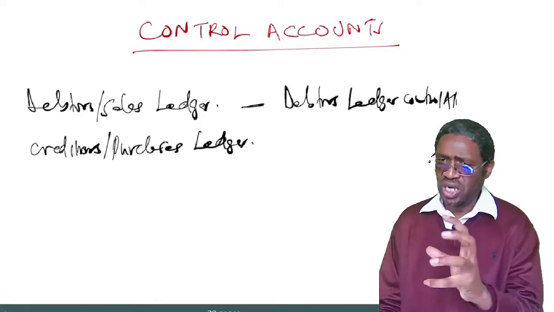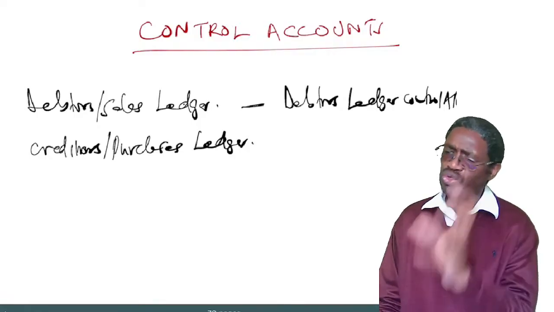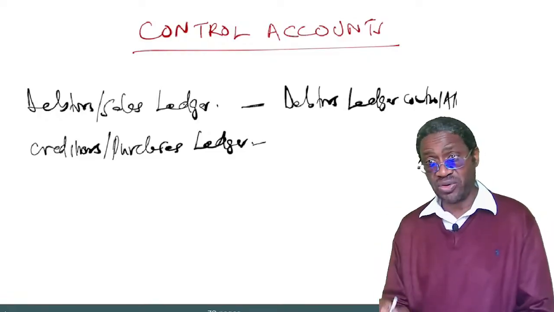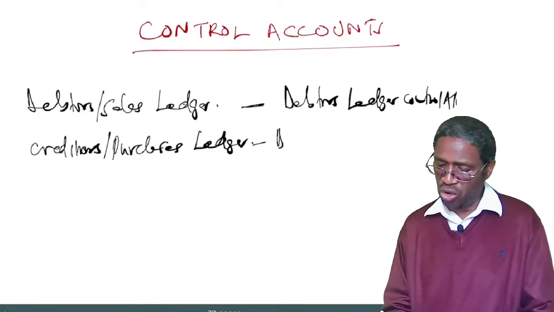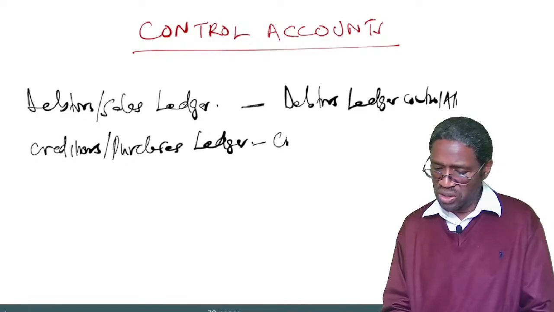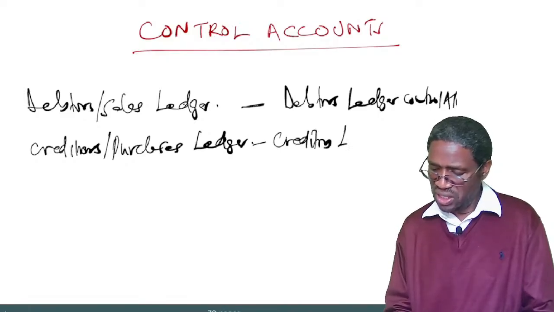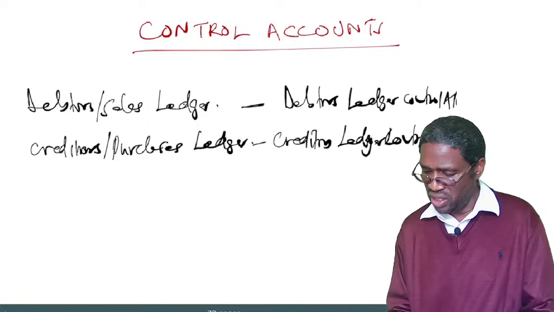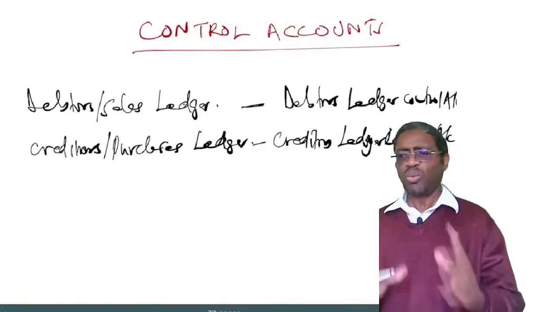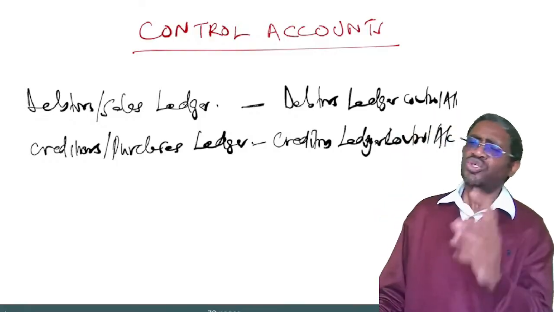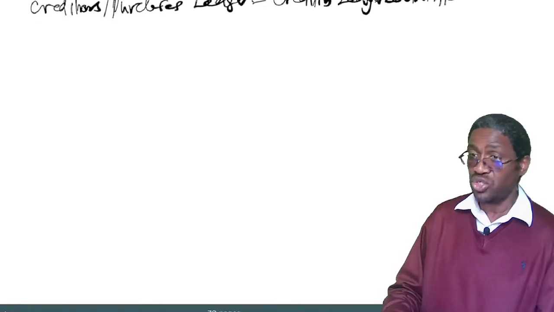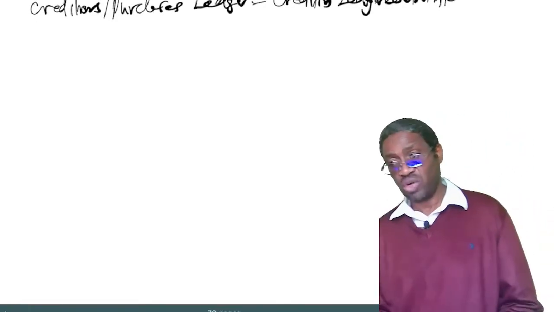The ledger called the creditors ledger, for you to know whether everything done there is right or wrong, you prepare a control account we normally call the creditors ledger control account. Good. So we want to look at now, how do you prepare these control accounts?